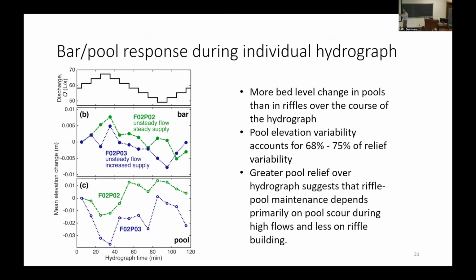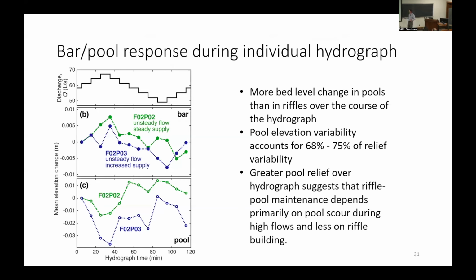Do we need some sort of concentration and dispersion of discharge? I think that what these results are showing with the individual hydrograph for both of these phases of the experiment is that with most of the change happening in the pool, we need to have pool scouring during high flows and lower riffle building in order for these features to persist.